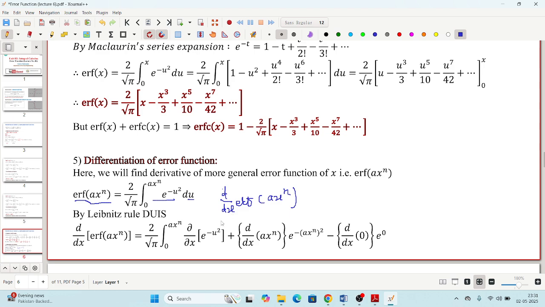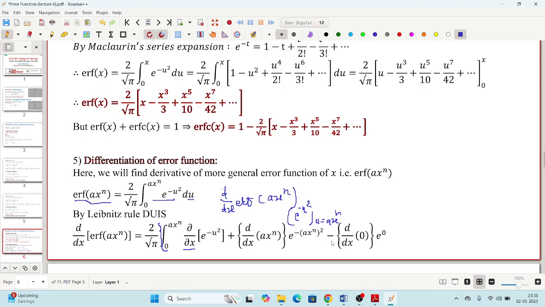Now by rule number 2, 2 by root pi is a constant, it will remain as it is. Actually this is multiplied to all the terms. The integral is from 0 to a x to the power n. First we are taking the partial derivative of the integrand with respect to x, plus. Now in the second term we are taking the derivative of the upper limit ax to the power n, into the integrand e to the power minus u square, where we replace the variable u by the upper limit ax to the power n, isn't it?